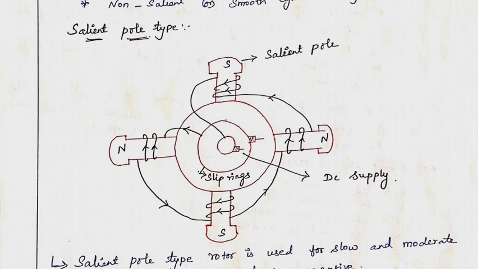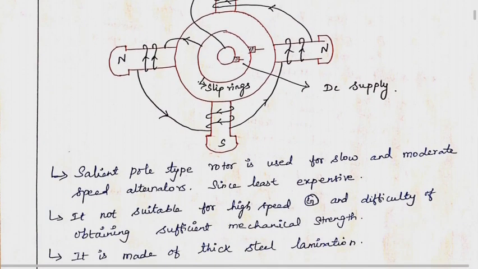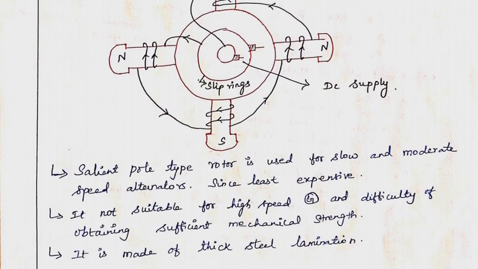The north and south poles are projecting poles from the rotor construction. The rotor has two slip rings, which are directly connected to the DC source. The salient pole type rotor is very suitable for slow and moderate speed applications, and it is a less expensive type of rotor.